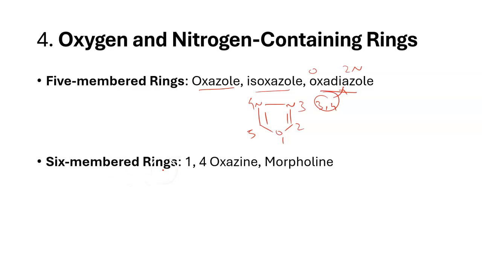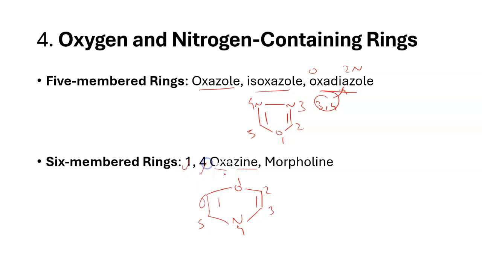Now next is a 6-member ring containing oxygen and nitrogen. So 1,4 refers to the positions of oxygen and azine. Azine, we have seen that it is nitrogen containing in the 6-member ring. So oxygen and nitrogen. Numbering will start from the oxygen position 1, 2, 3, 4, 5, 6.